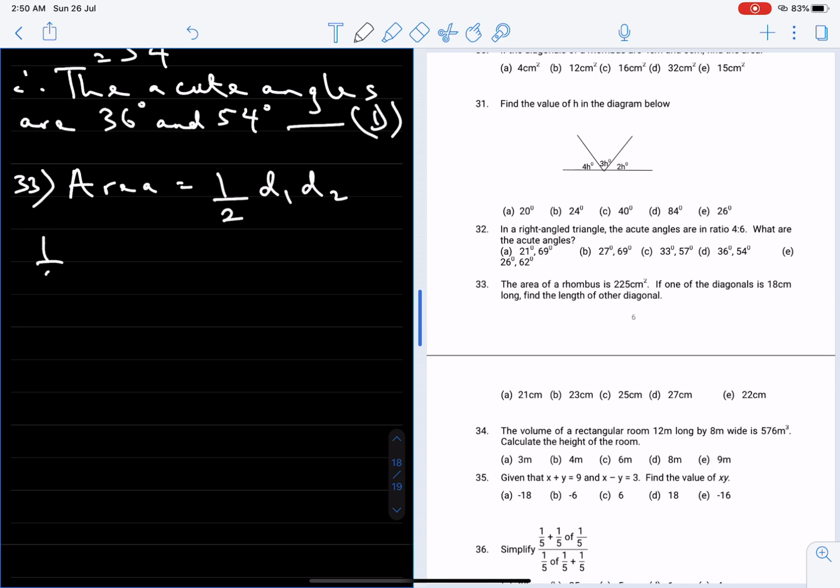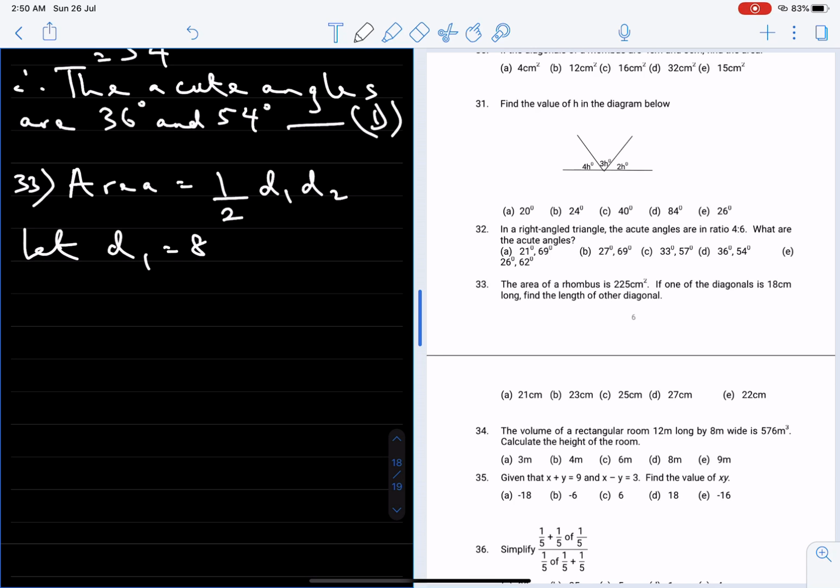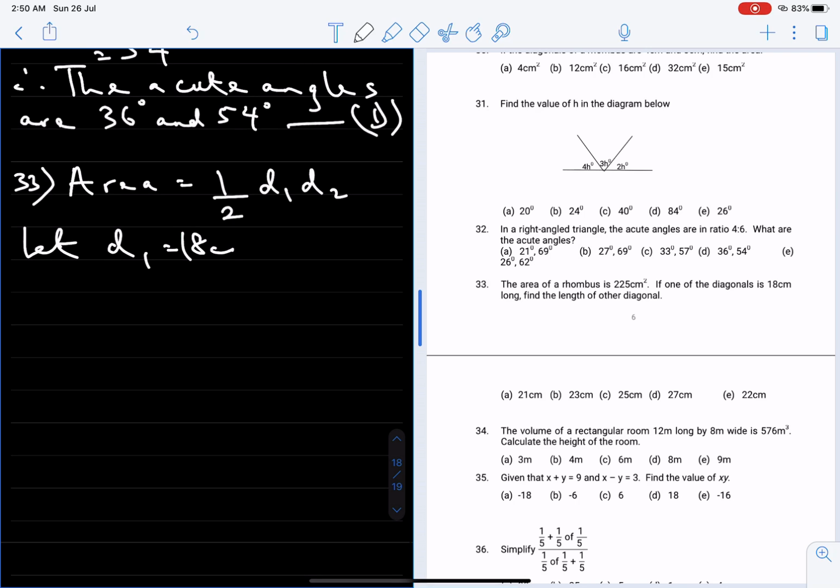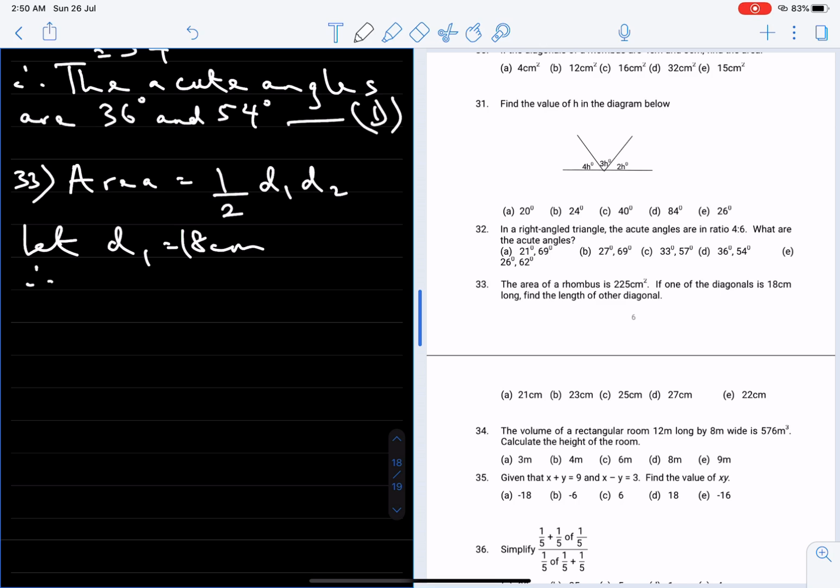Now for the area, they give us one diagonal. Let D1 be the given diagonal, which is 18 centimeters. We already know the area. Therefore, 1/2 times 18 times D2 is equal to 225, which is the area.